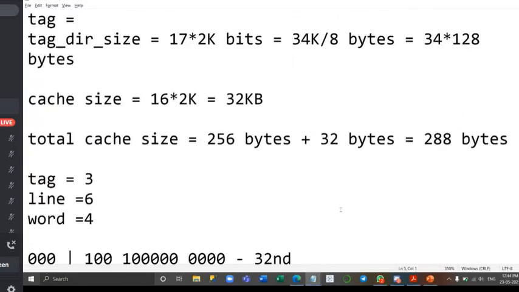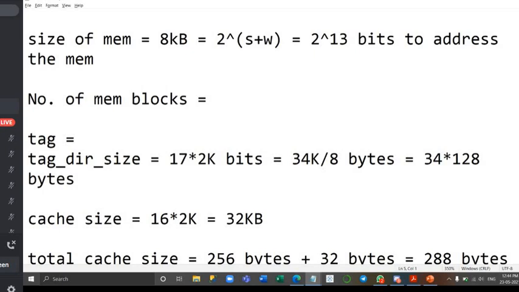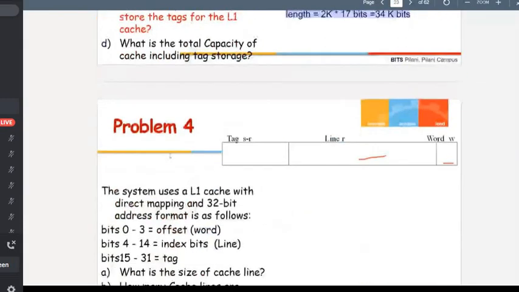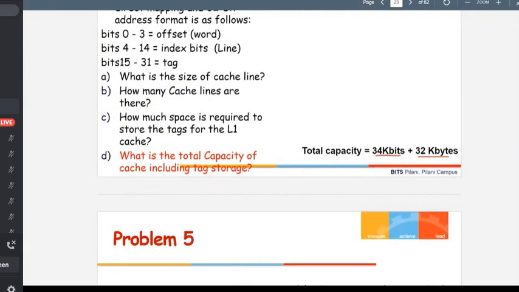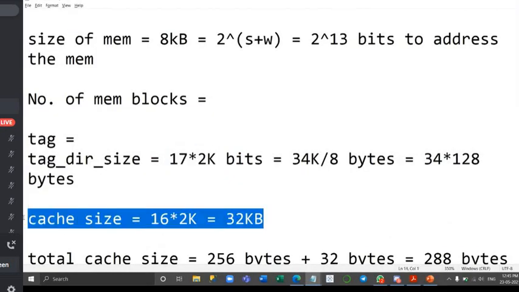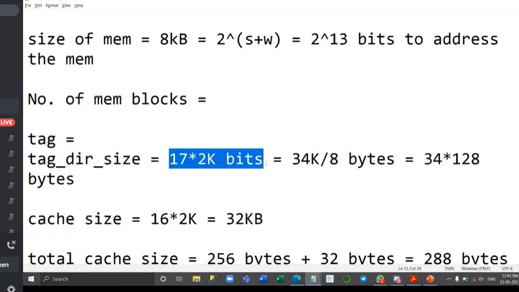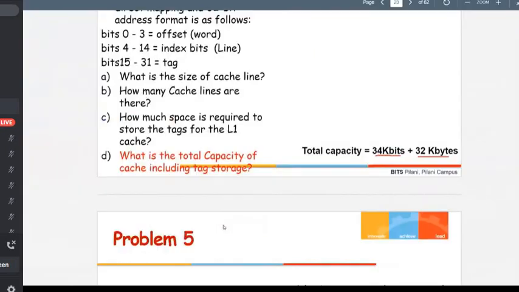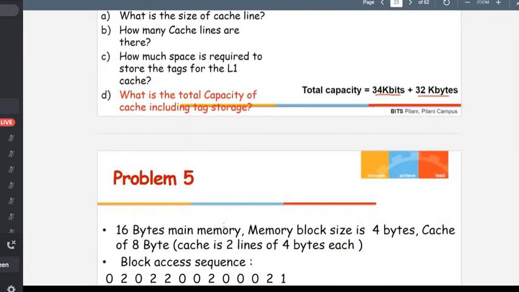We found that the number of tag bits is 34K bits, and if I convert it to bytes, it will be divided by 8. The space including tag storage would be 34K bits plus 32K bytes. 32K bytes is my total cache size excluding the tag directory, and including the tag directory it will be 34K bits plus 32K bytes. Okay, hope that is clear.